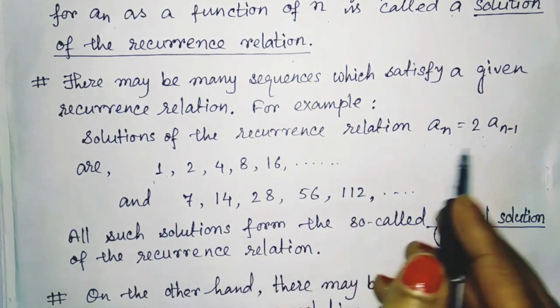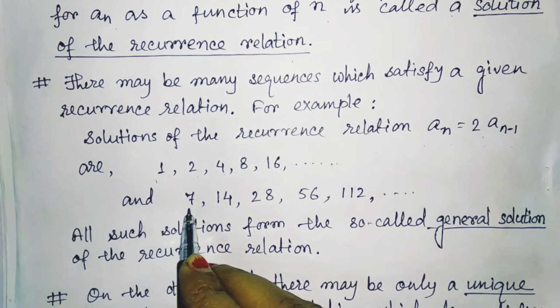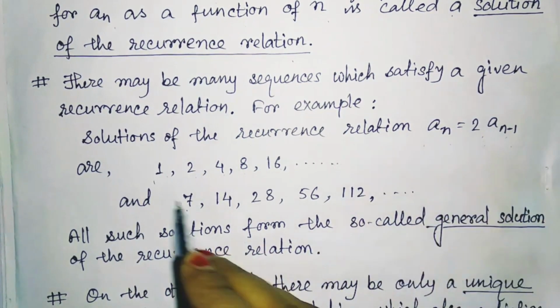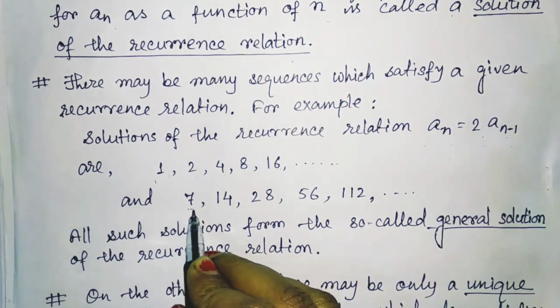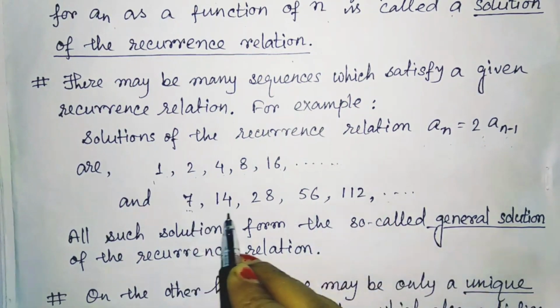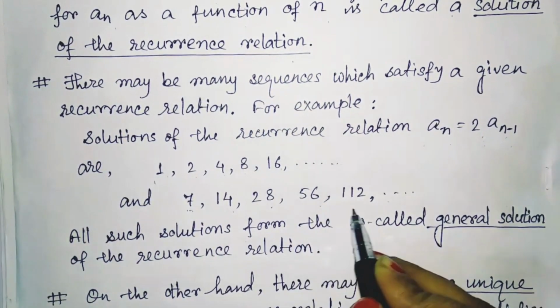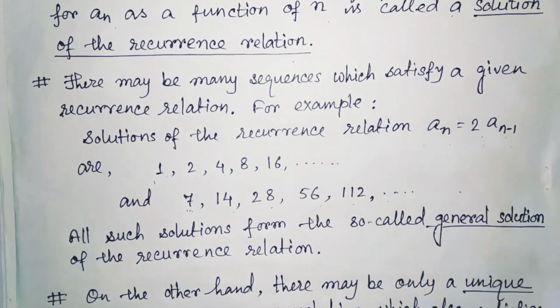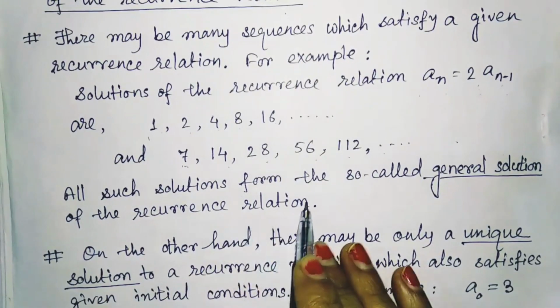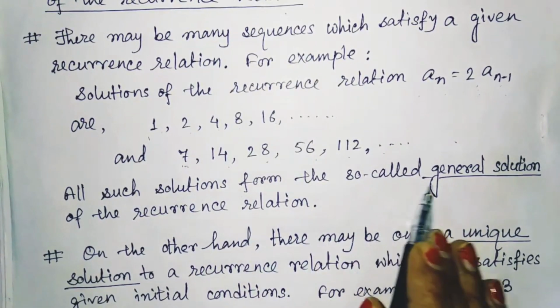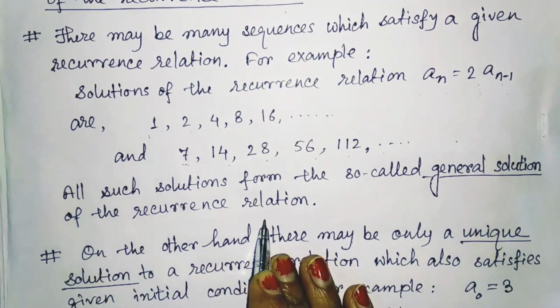And if we consider a0 to be 7, then the consecutive values are 14, 28, 56, 112 and so on. All such solutions form the so-called general solution of the recurrence relation.